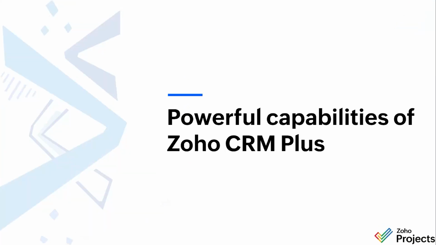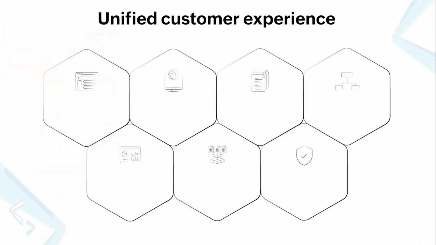Great. So let's quickly look at what makes CRM Plus a powerful, unified customer experience platform. At its core, Zoho CRM Plus brings all customer-facing functions together, let it be sales, marketing, and customer service. And it brings it all together in one connected ecosystem.